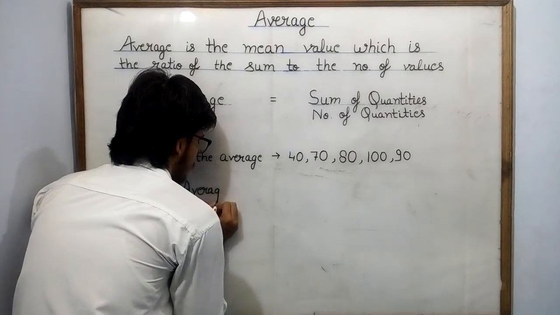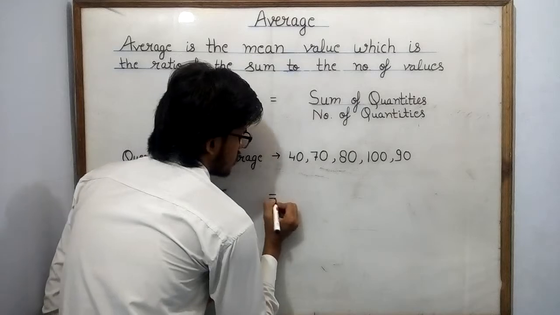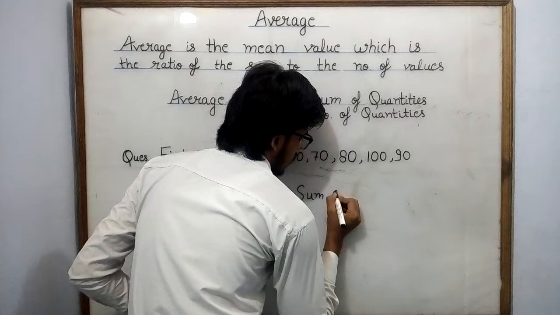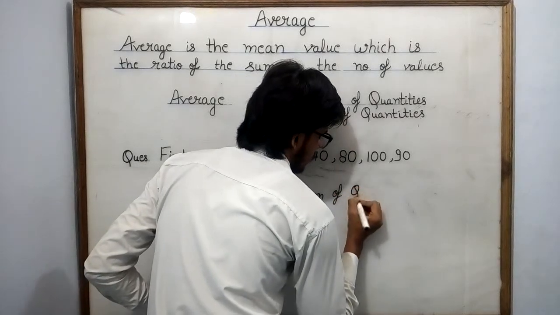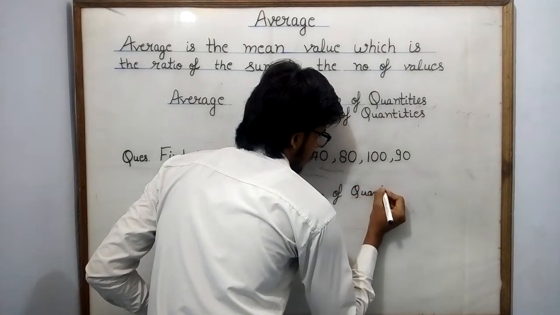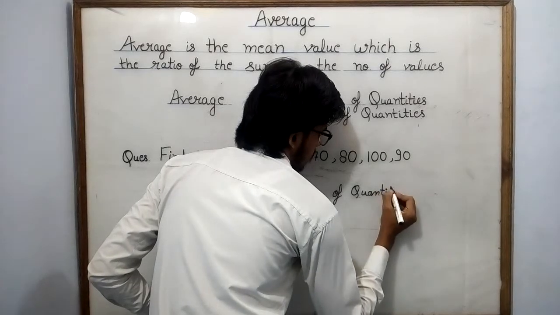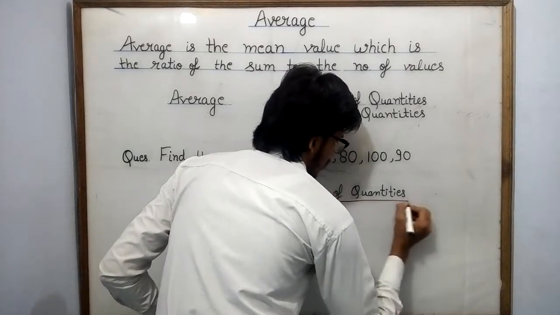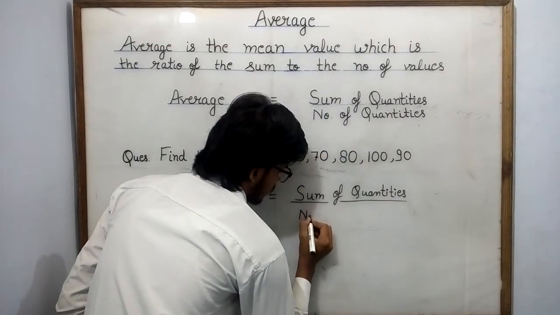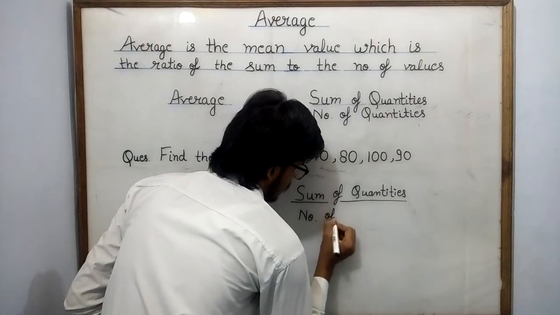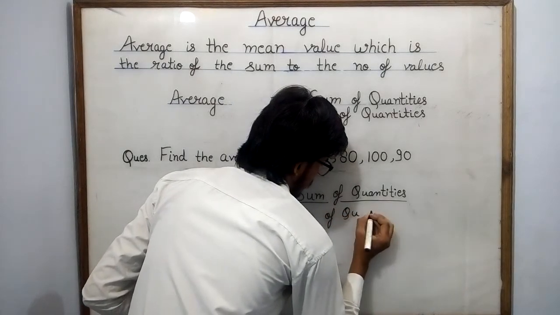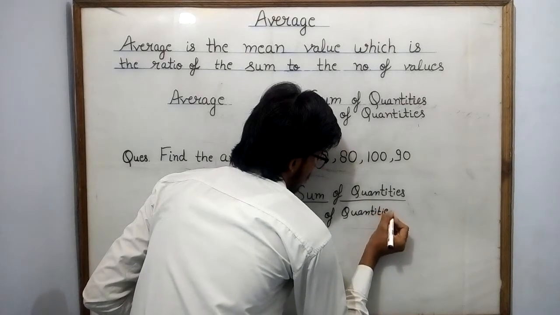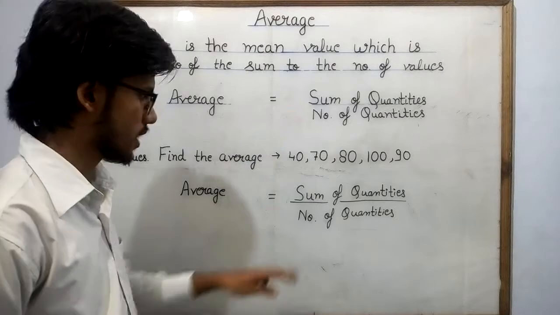Average is equal to sum of quantities upon number of quantities. So we have used the formula that was given to us in this question.